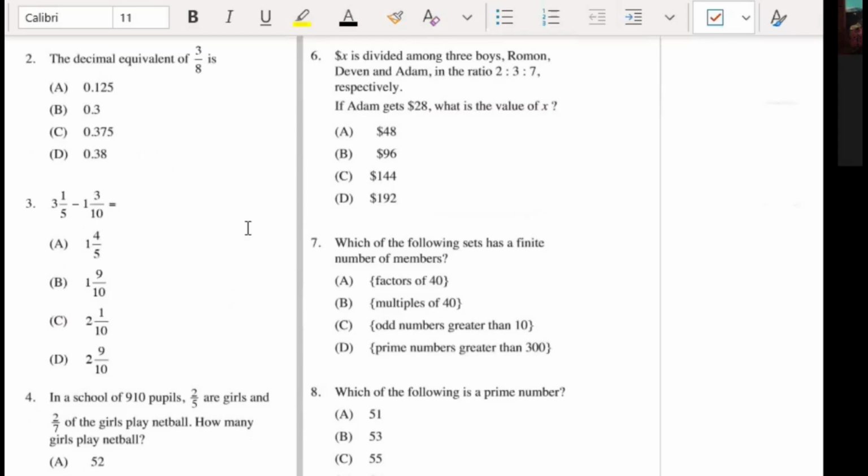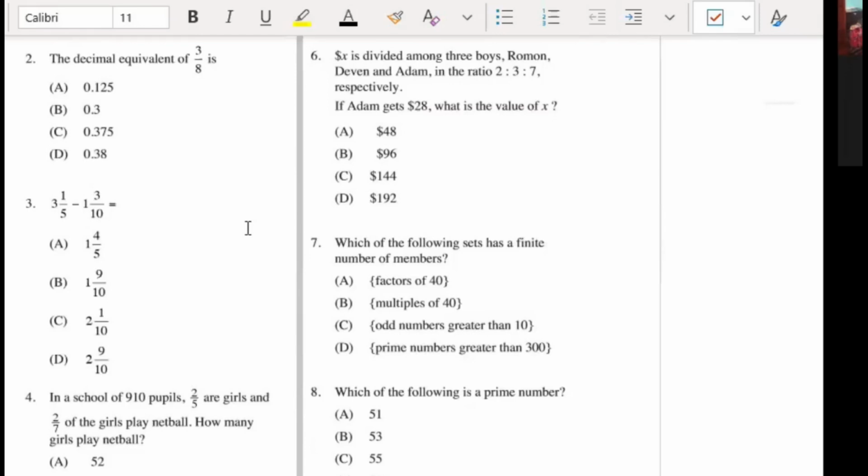Now, question 3 asks us to subtract a mixed number from another mixed number. So it is 3 1/5, take away 1 3/10.